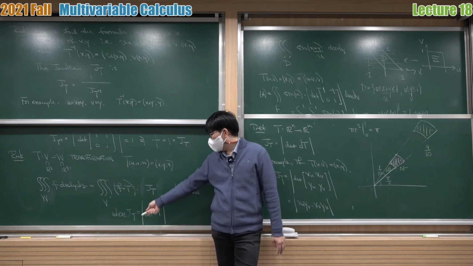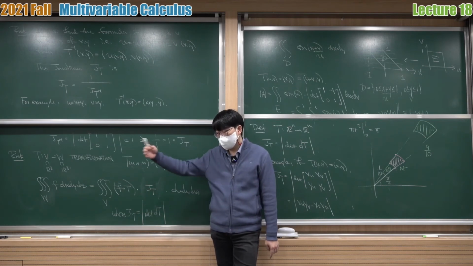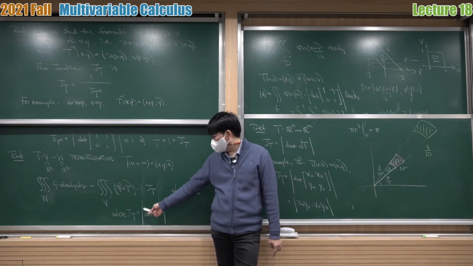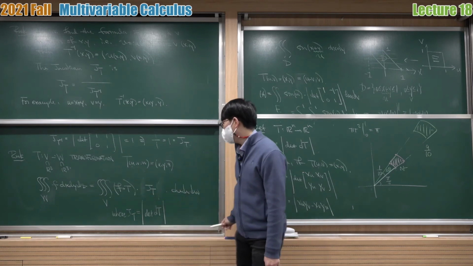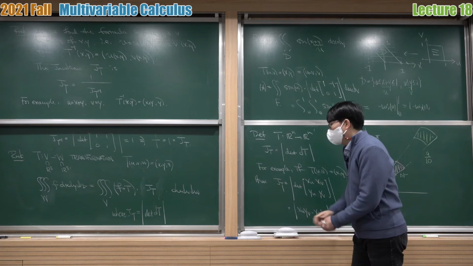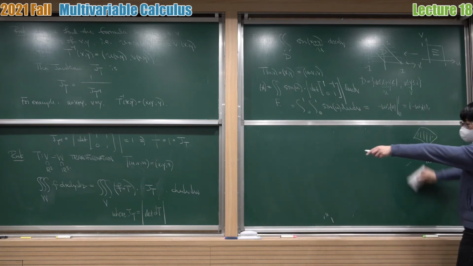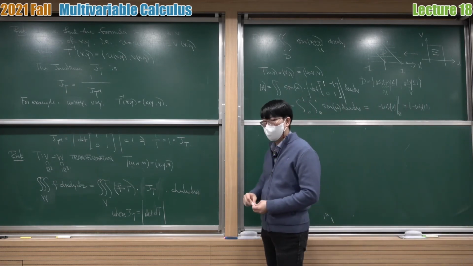If you're thinking about the orientation of a space in higher dimension, then the sign of the determinant matters, but we're not going to talk about that, maybe at the end of the class. So that's the difference. And then we have a triple integral here. Let me give an example of that last remark, that we can apply the integration by substitution for a triple integral.